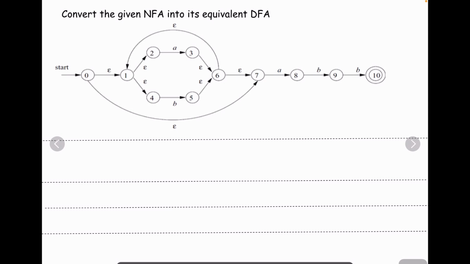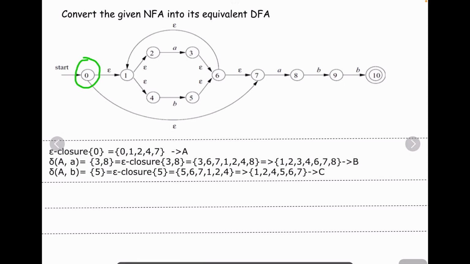First you have to find the E-closure of 0. What is the E-closure of 0? From 0 you can reach 1, 2, 4 and also 7. So the E-closure of 0 is 0, 1, 2, 4, 7.